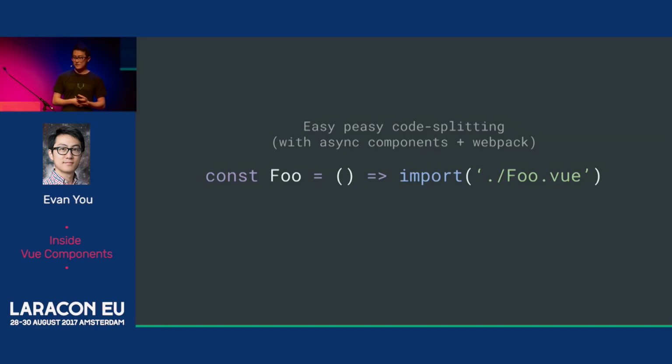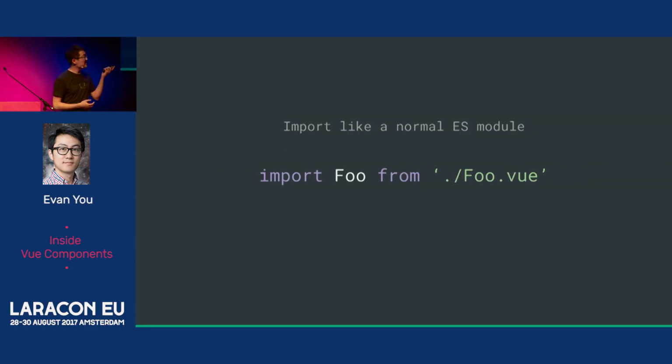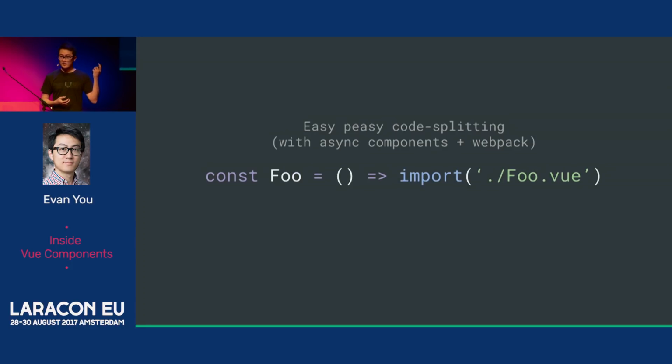This is changing this line to this. This is combining the async component syntax together with the dynamic import in ES syntax plus Webpack's code splitting feature. We need to explain three things to fully explain what's going on here.